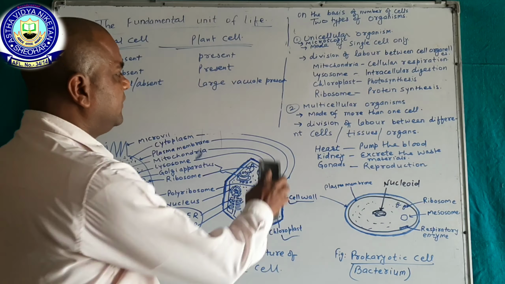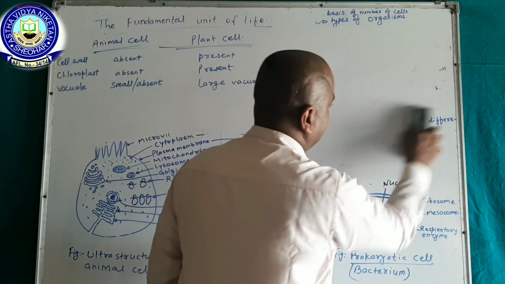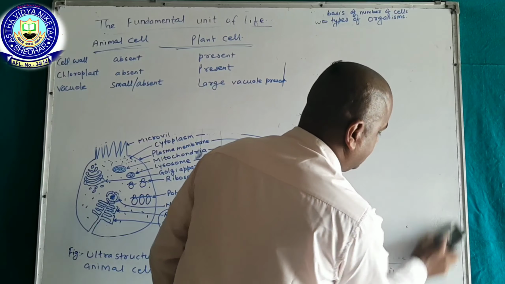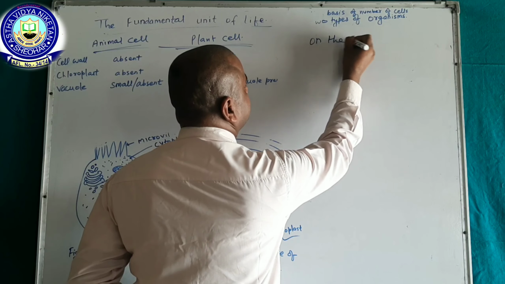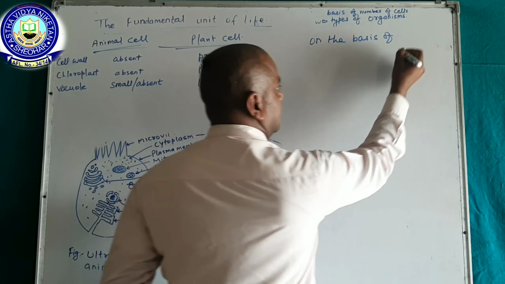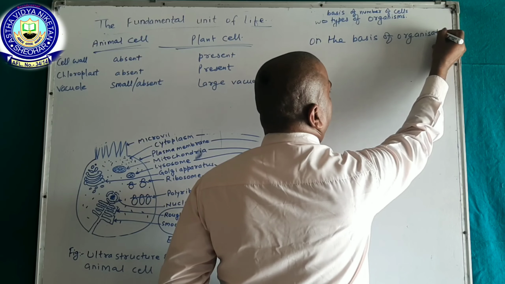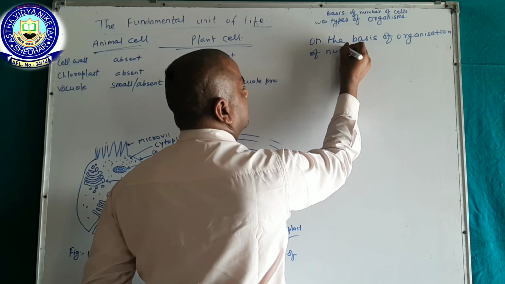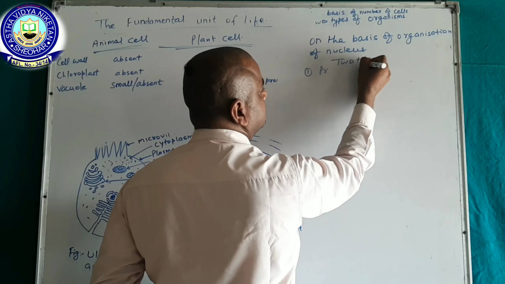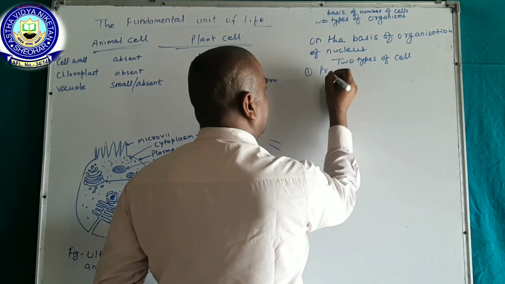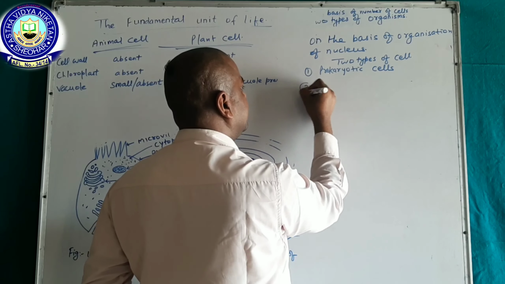Now come to the classification on the basis of the organization of the nucleus. There are two types of cell: prokaryotic cell and eukaryotic cell.